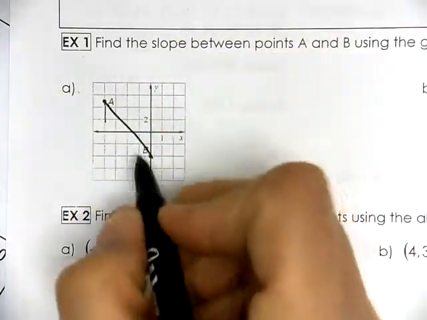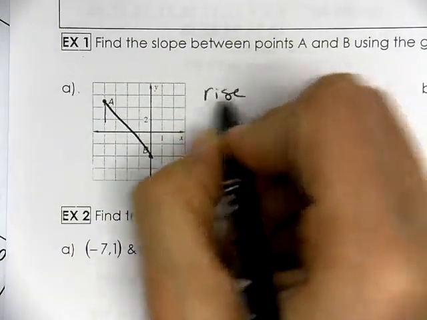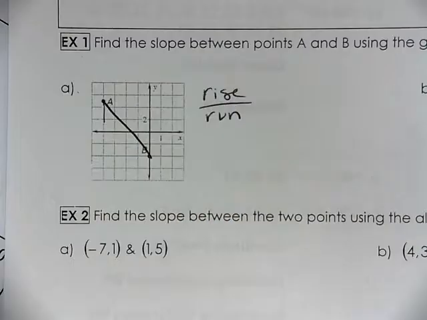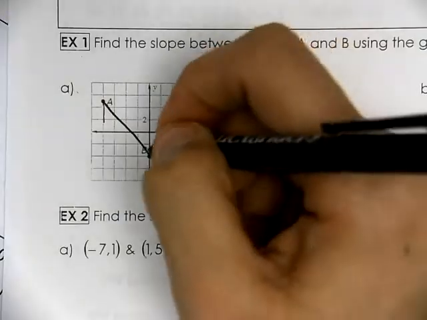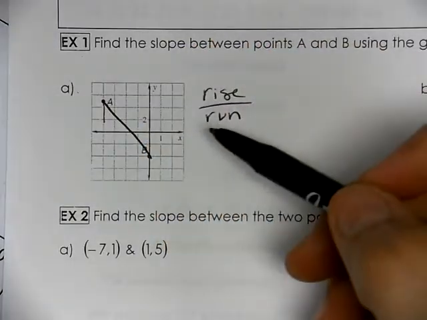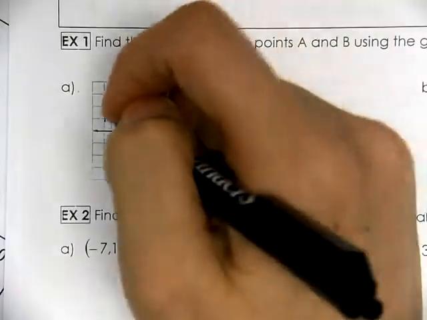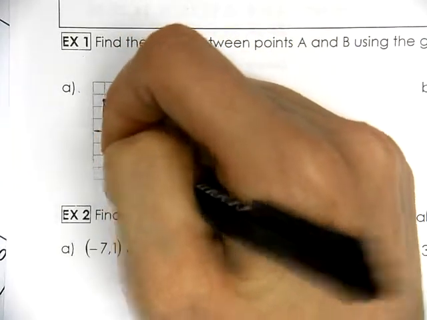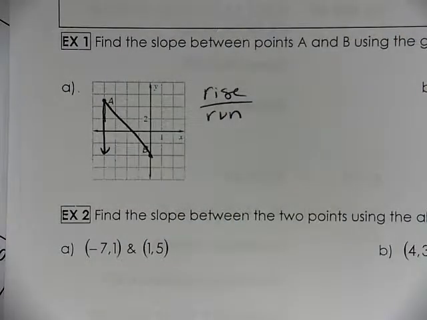Let's think rise over run. How much from A to B, I'm going what? Down, how many?